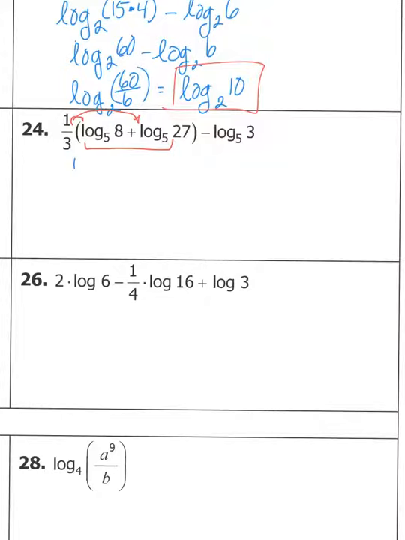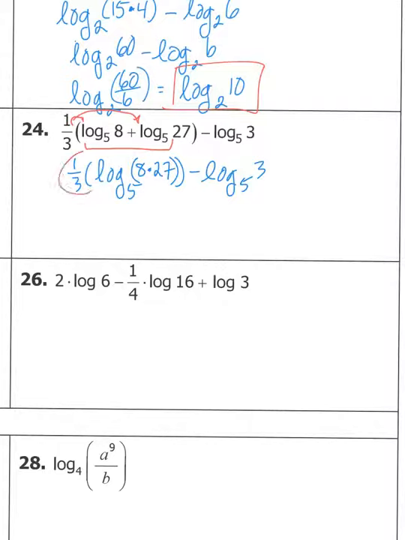So we've got 1/3 times the log base 5. So since we have addition, we're going to multiply 8 times 27. And then minus the log base 5 of 3.